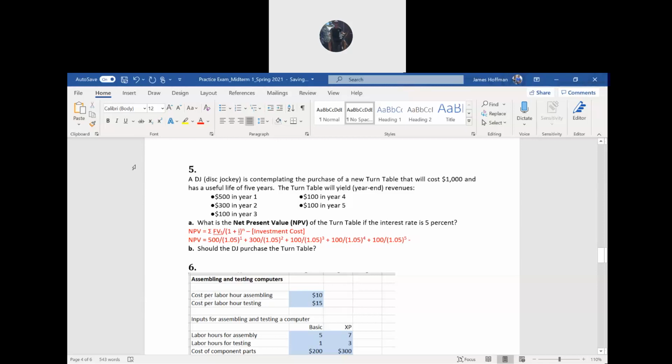You get $100 divided by 1.05 to the 5. And then we're going to subtract the investment costs.